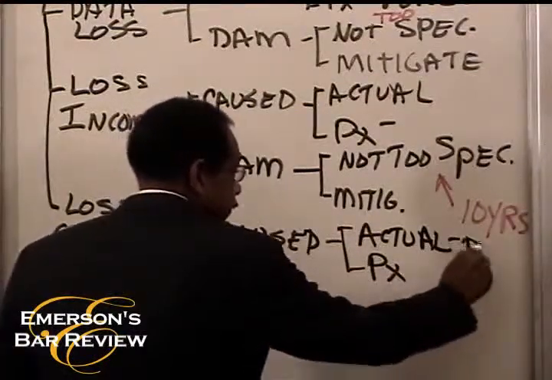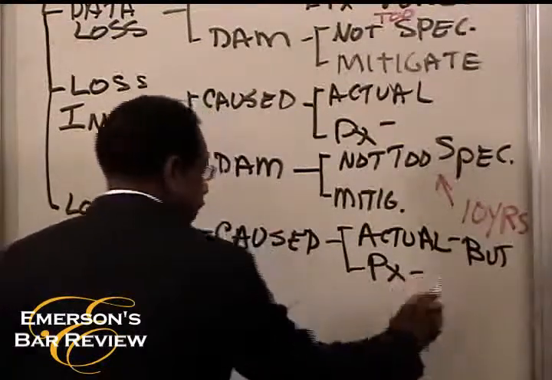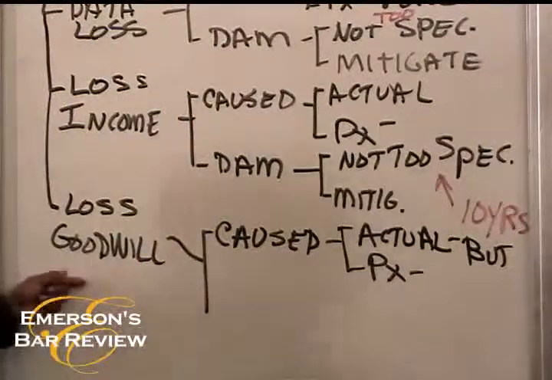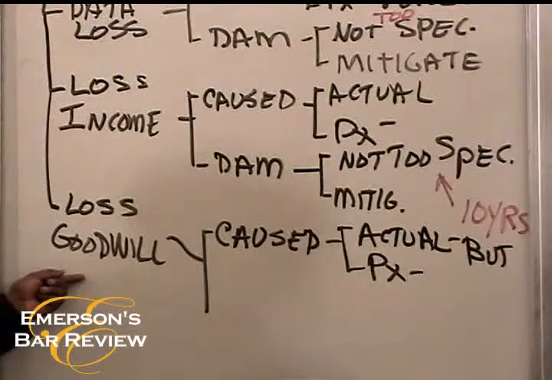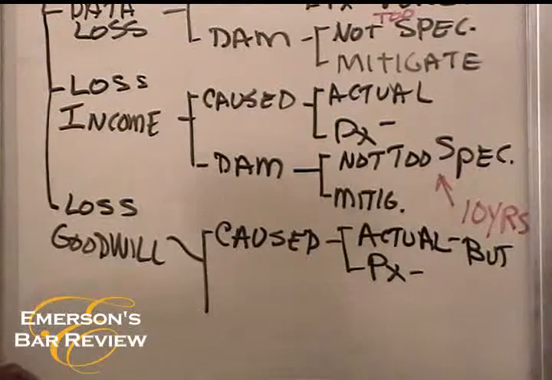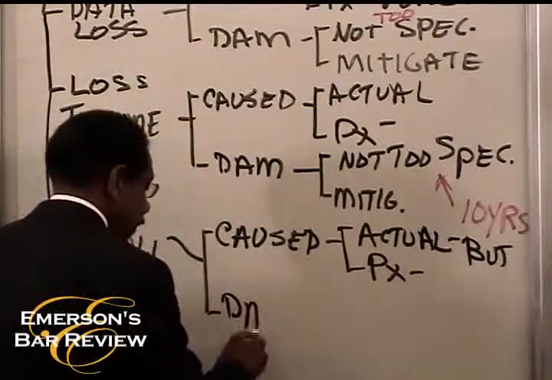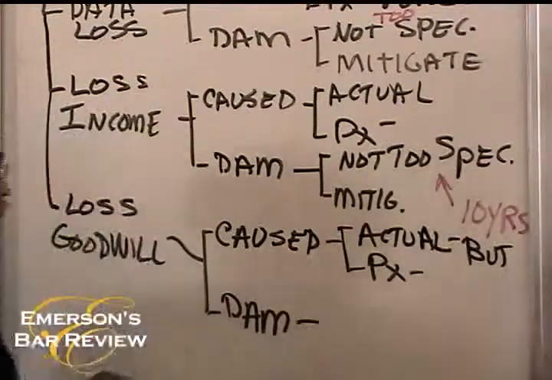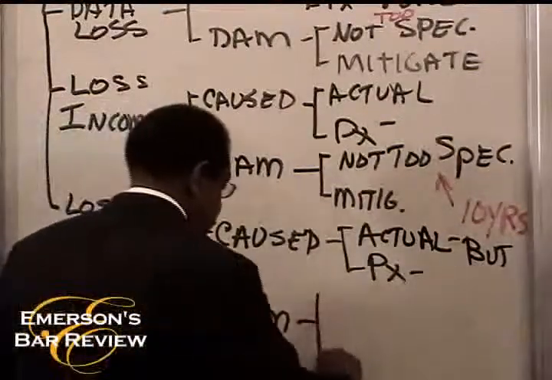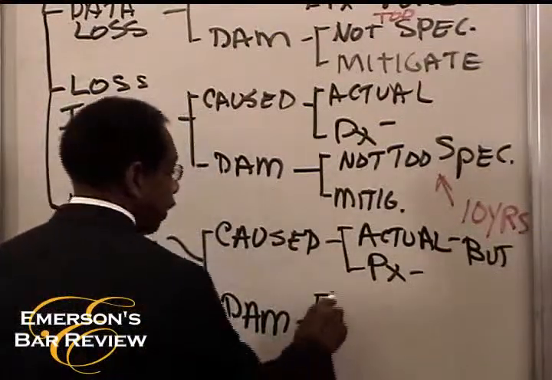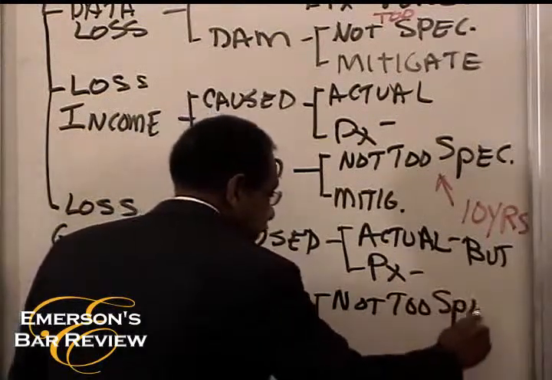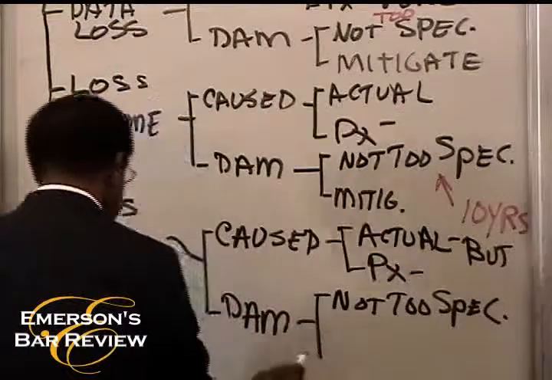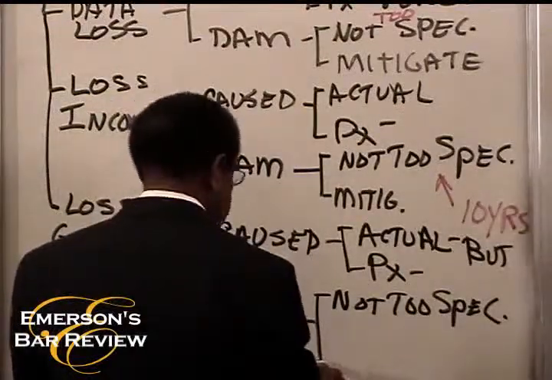The actual being but for, and the proximate cause saying that the loss of goodwill is not so remote from what Dan did that Dan's liability would be terminated. It's not that unforeseeable. And finally, the damages: this loss of goodwill must be not too speculative, and the duty to mitigate.